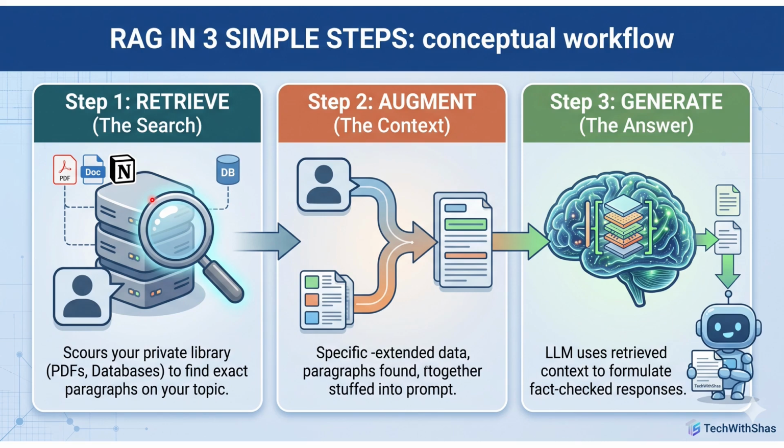And next step, once you have the data which is relevant to the question, we augment. Once we find those precise paragraphs from the database, the system extracts them and glues them to the original question.